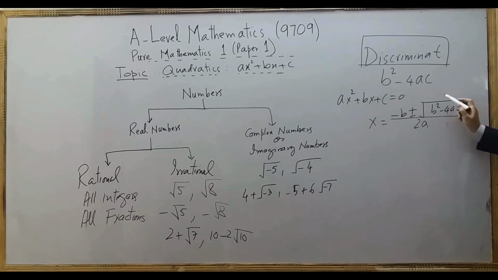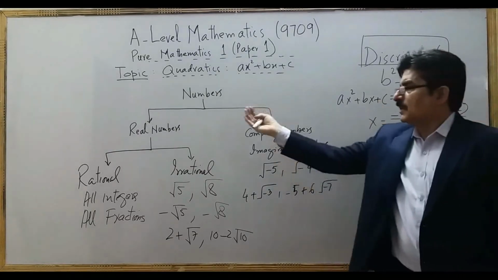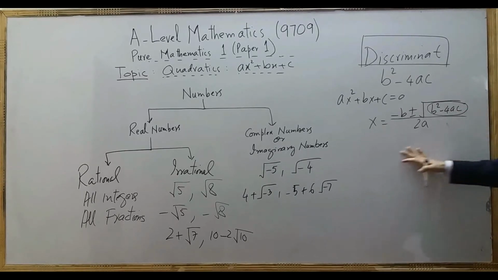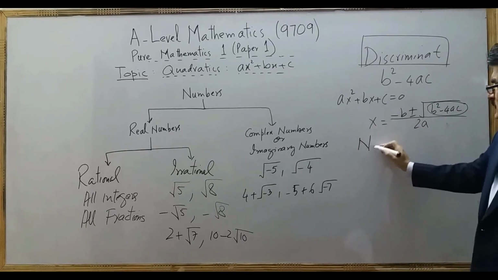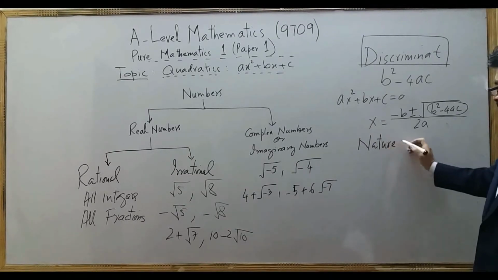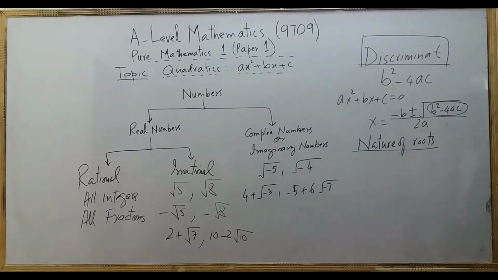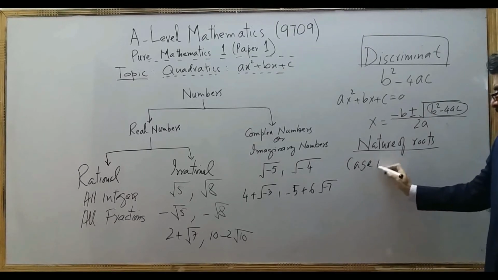Now here you see this expression inside this square root. This is called the discriminant, because it discriminates between the roots, whether the roots will be imaginary or real. So let us see how it tells us the nature of roots. Now we have three cases.